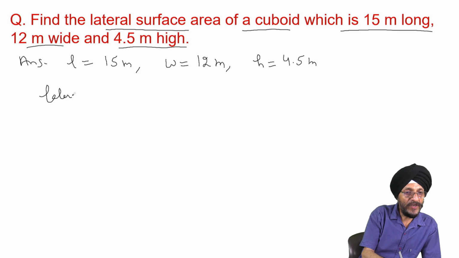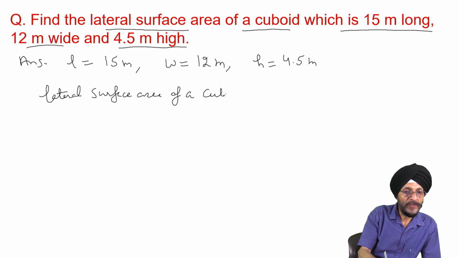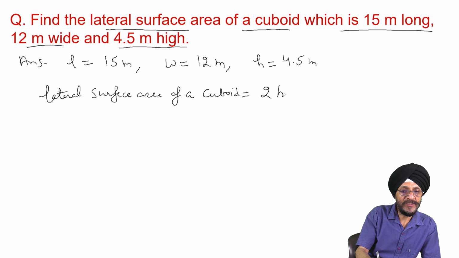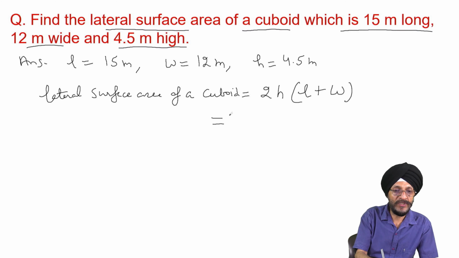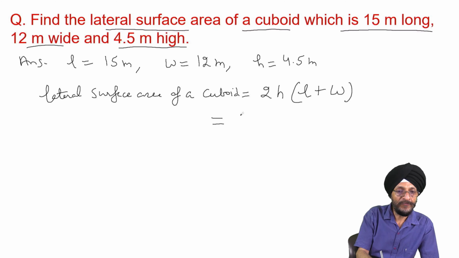Now what is the formula of lateral surface area of a cuboid? It is 2H multiplied by L plus W. We will put in the relevant values as given in the question.